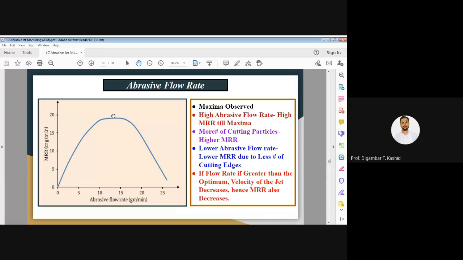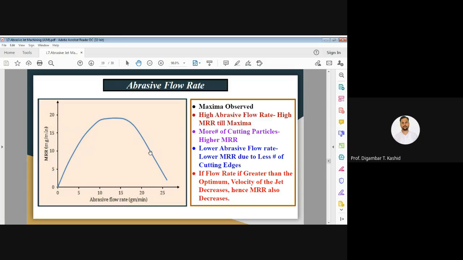Because, as we know, the force that you have in your jet is distributed among a larger number of particles, and as a result the velocity of your average jet decreases. And once the velocity decreases, the material removal rate also starts decreasing. This is what you can see beyond this line: beyond this line the material removal rate starts decreasing, and it may join here also after a certain limit.